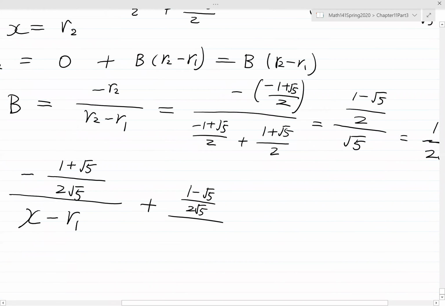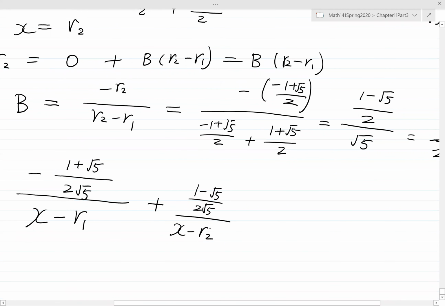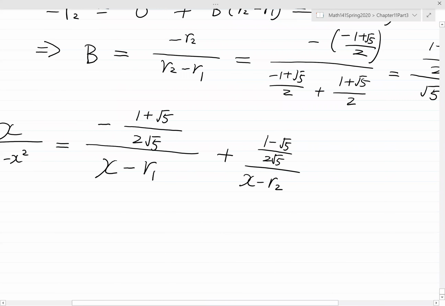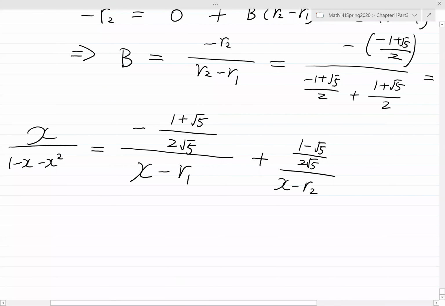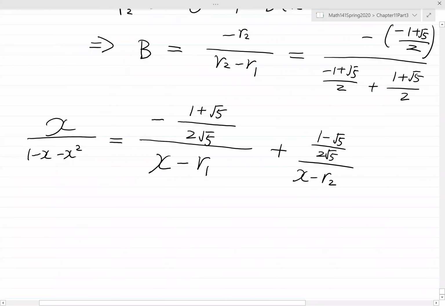Now we can use power series to expand this thing. We can use power series to expand this. Use geometric series.